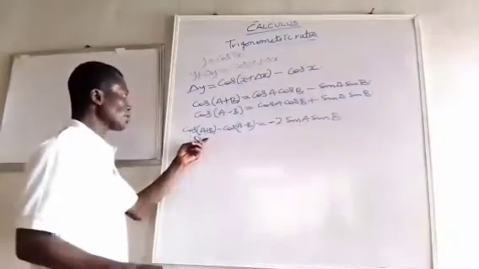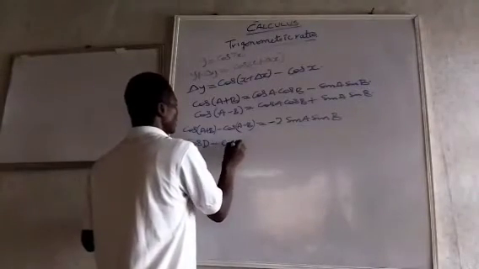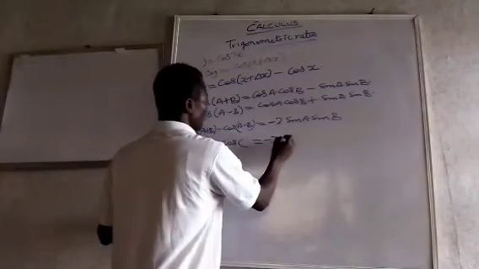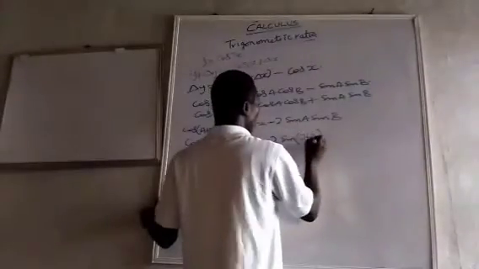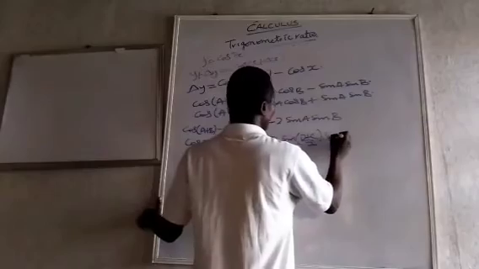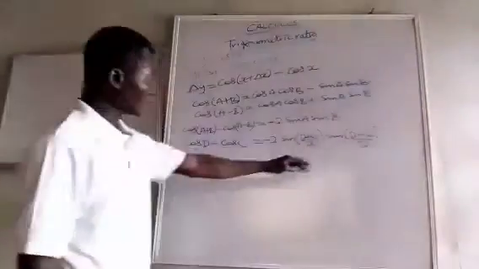And we have also observed that, let's make it like this: cos d minus cos c is going to be minus 2 into sine of (d plus c) over 2 times sine of (d minus c) over 2. That is the result for this.